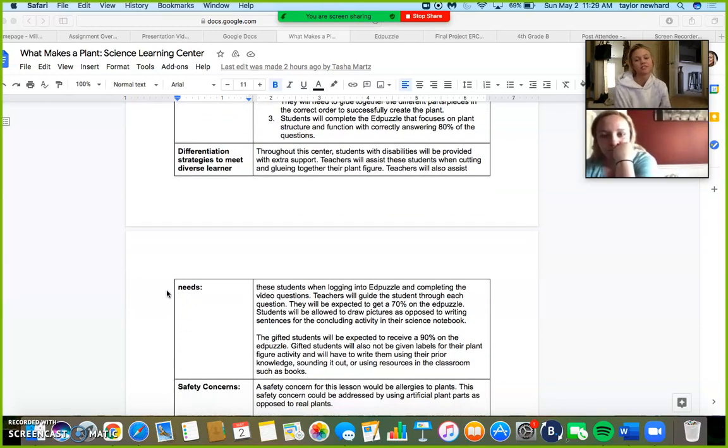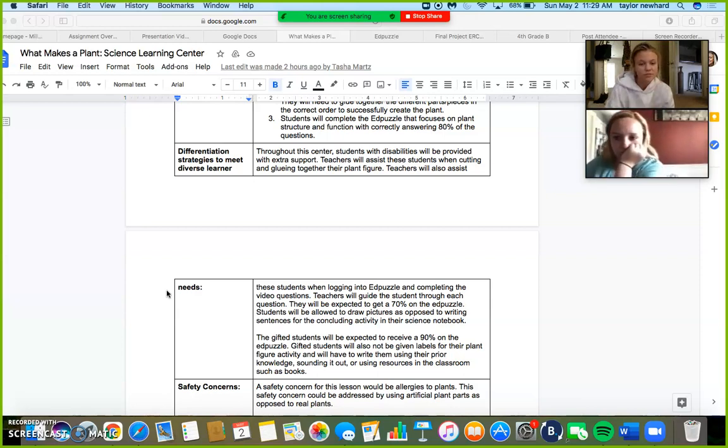So the differentiation strategies to meet diverse learners. Throughout the center, students with disabilities will be provided with extra support. So that might be when the teachers will assist them when the students are cutting and gluing together their plant figure. Teachers will also assist these students when logging on to Edpuzzle, especially if this is their first time completing an Edpuzzle. They'll guide them through each question.